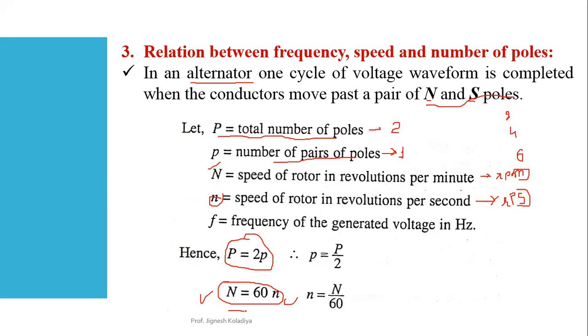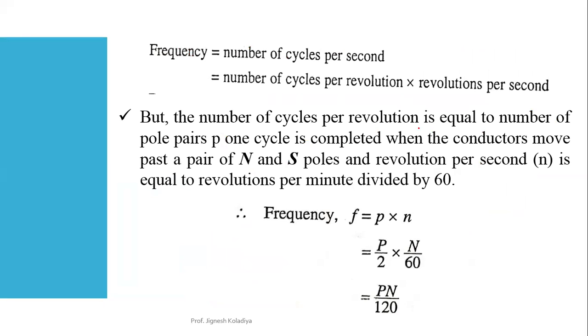So you can write N is equal to 60 times n. Frequency is equal to the number of cycles per second. Number of cycles per second means number of cycles per revolution into revolutions per second, but the number of cycles per revolution is equal to the number of pole pairs.